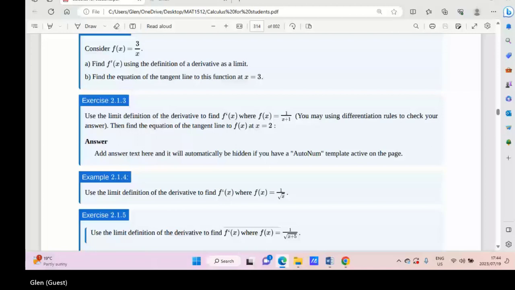Or were we supposed to derive using the first principle, f of x plus h minus f of x all over h? Oh, sorry, sir, I just kind of jumped into it. I didn't know that we were deriving using the first principle.